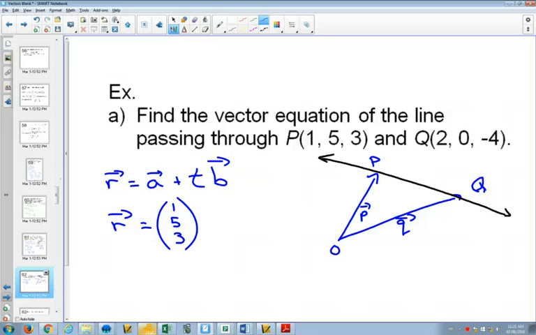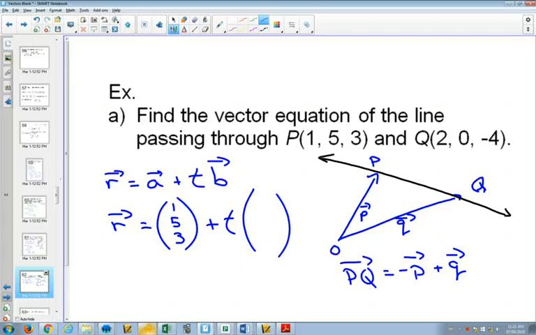Then our direction vector from P to Q will just be negative P plus Q. If you did that, negative P, (1, 5, 3), plus Q, (2, 0, negative 4), you would get (1, negative 5, negative 7). And that would be your direction vector.